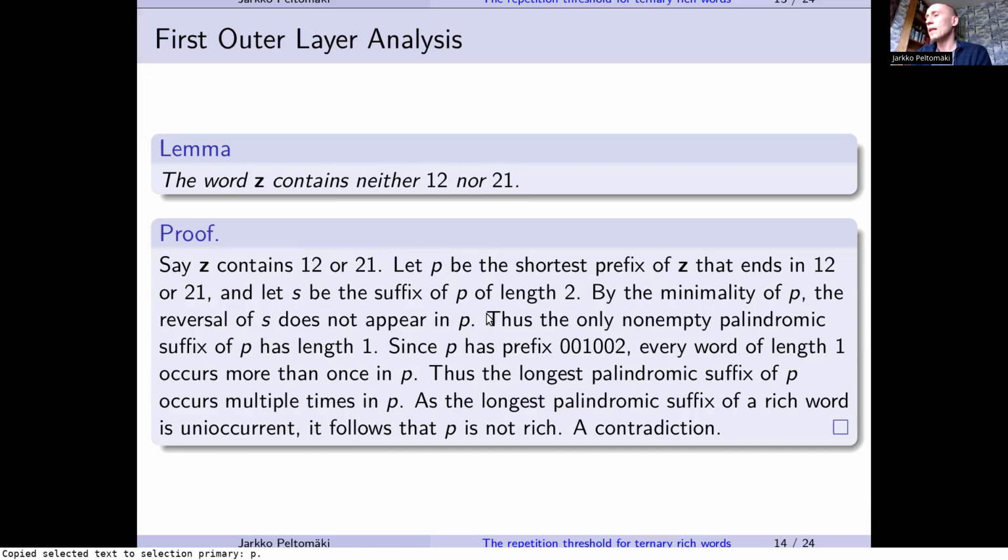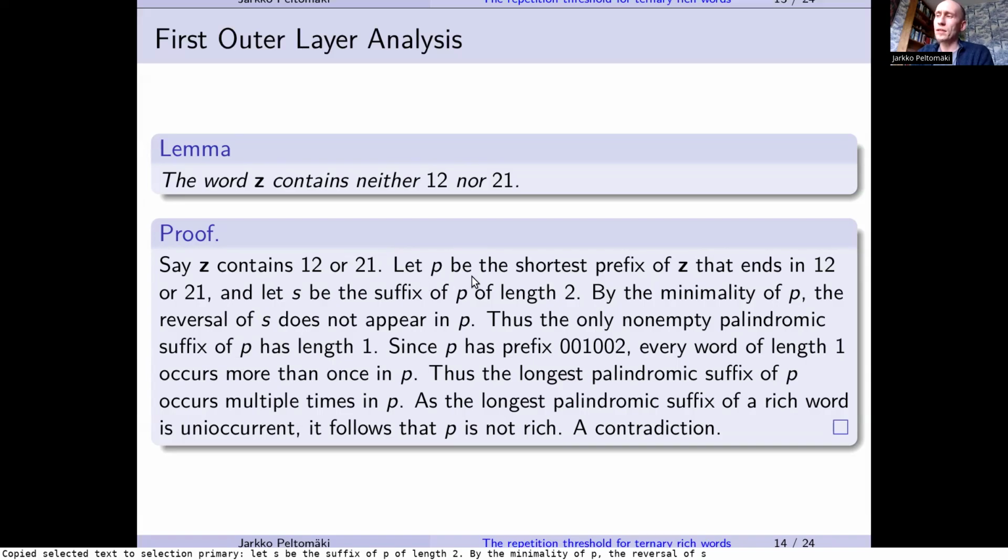And this in turn implies that the only non-empty palindromic suffix of this prefix P has length 2. If there was a longer palindromic suffix for P, it would have as a prefix a reversal of S, and we just argued that that's not possible.